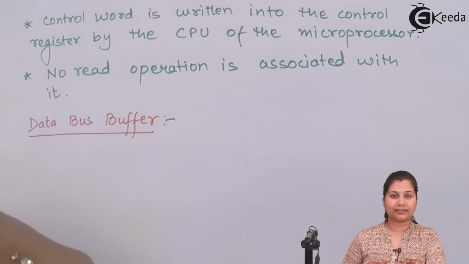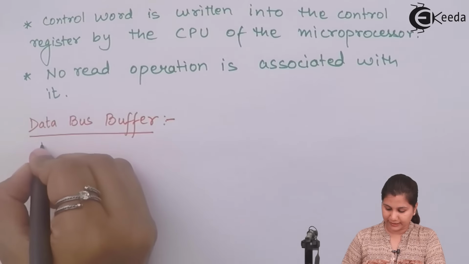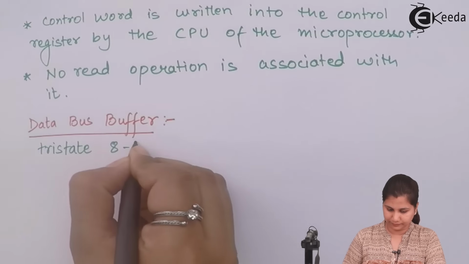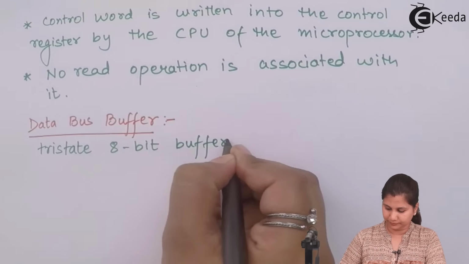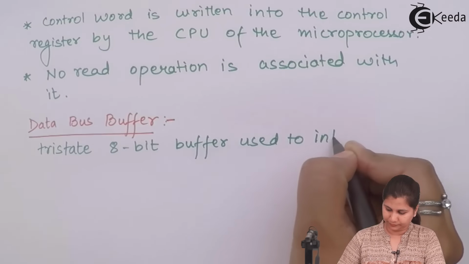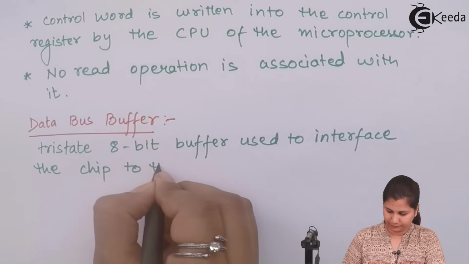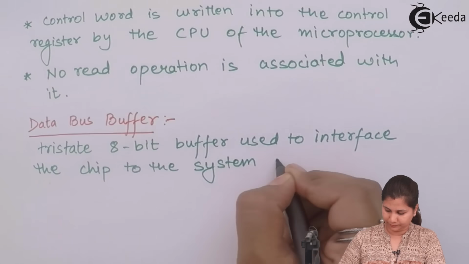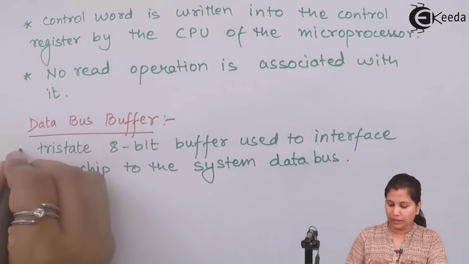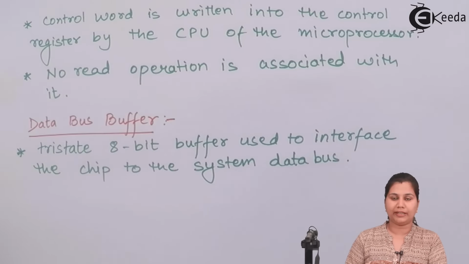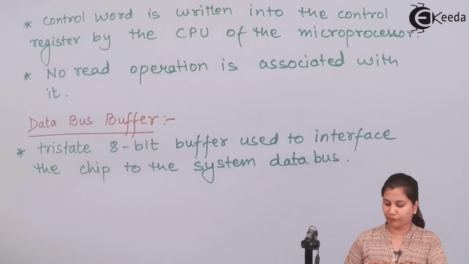So we can say that the data bus buffer is a tri-state 8-bit buffer because the data bus is of 8 bits, so the buffer has to be of 8 bits.